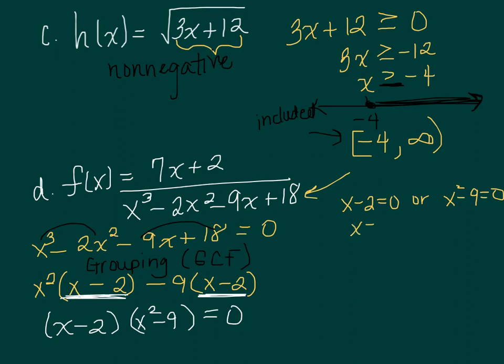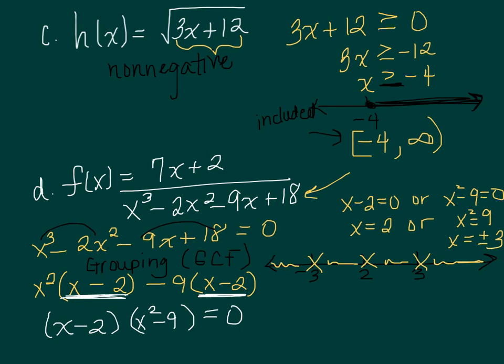So here x could be 2, or I'm going to add the 9 over, square root both sides, and you're going to get plus or minus 3. So there are 3 numbers that I have to exclude from my domain. So I have negative 3, 2, or 3. We cannot use them.